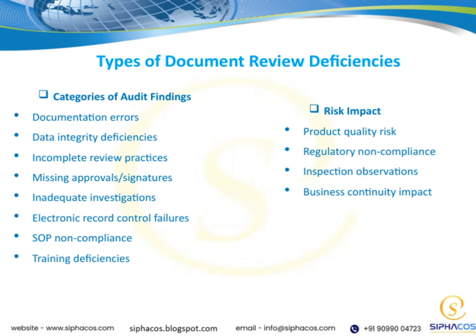Missing approvals or signatures can question the validity of documents, while inadequate investigations mean root causes aren't properly addressed. Electronic record control failures can compromise data security and traceability. SOP noncompliance points to deviations from established procedures, risking inconsistency in our processes. Lastly, training deficiencies can result in staff not fully understanding or correctly implementing the required standards and procedures.